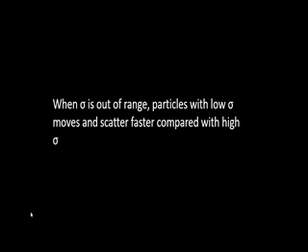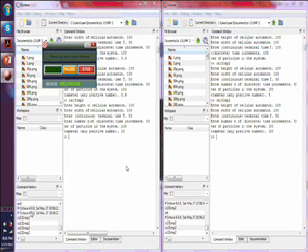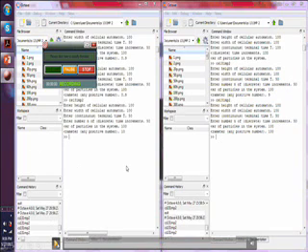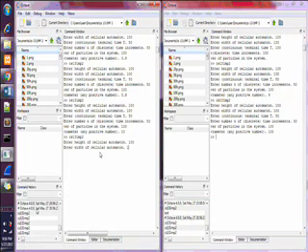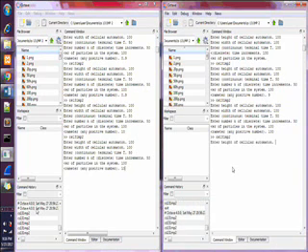When sigma is out of range, particles with low sigma move and scatter faster compared with high sigma. Again, let's take a look at the two simulations. The simulation at the left is running in a 100 by 100 grid with a terminal time and increments of 50. Number of particles is 100 and the diffusion rate is 10.